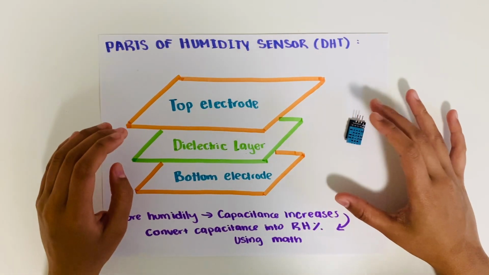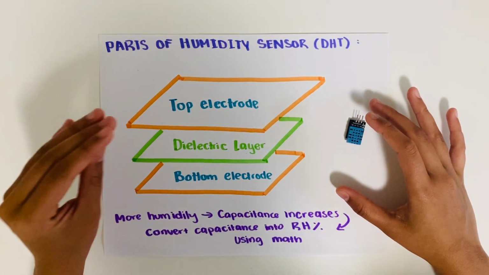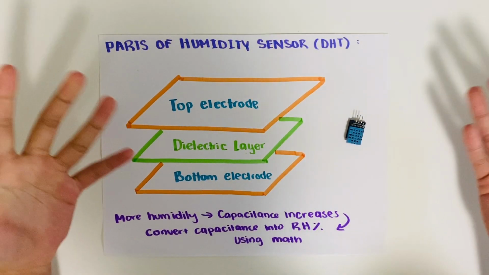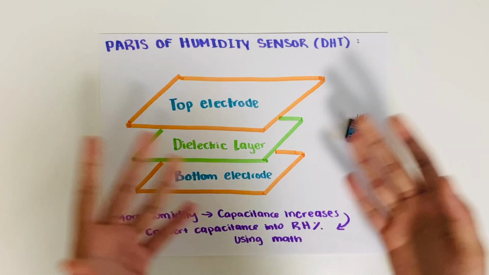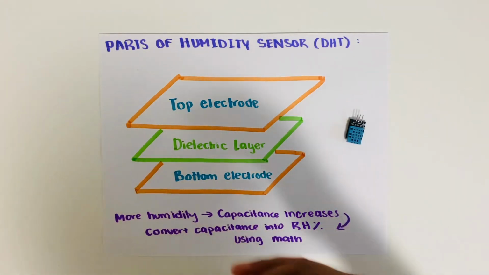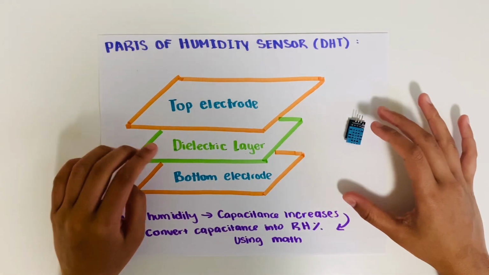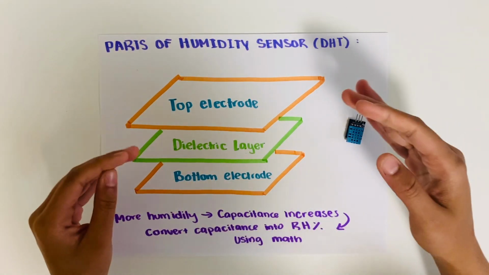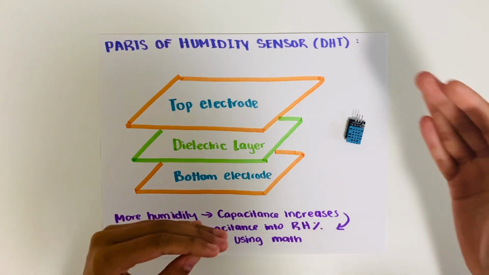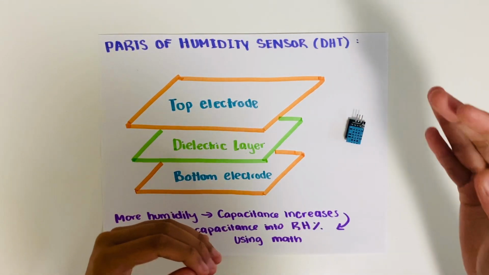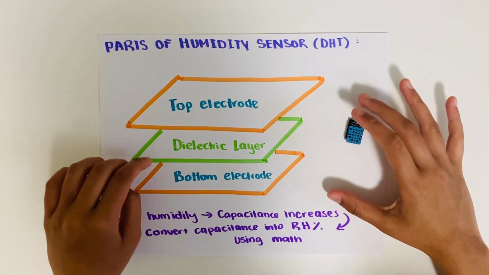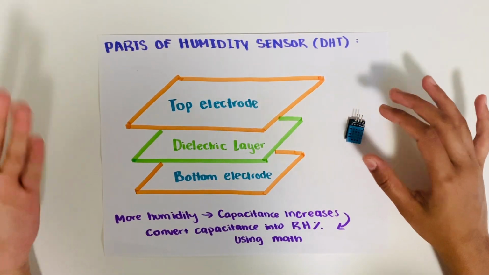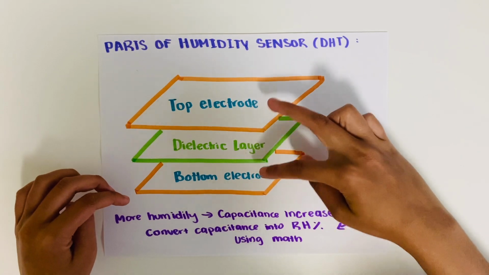So what happens is that air has a very low dielectric constant. And dielectric constant refers to the ability to hold charge, so the ability to have a high capacitance. Air has a very low dielectric constant, but water, on the other hand, has a very high dielectric constant, which means it has a higher capacitance. So when there's only air in this dielectric layer, there's a very low capacitance between these 2 electrodes.